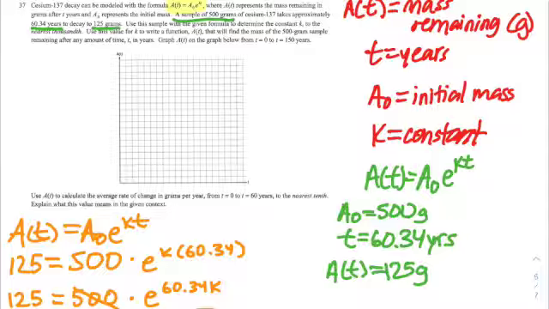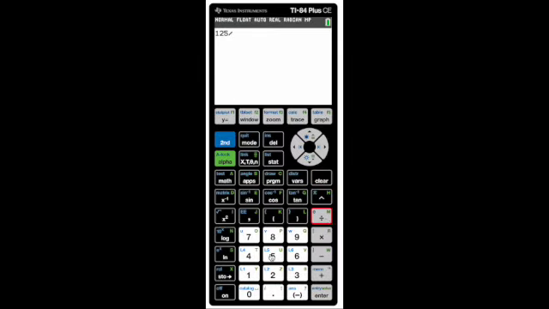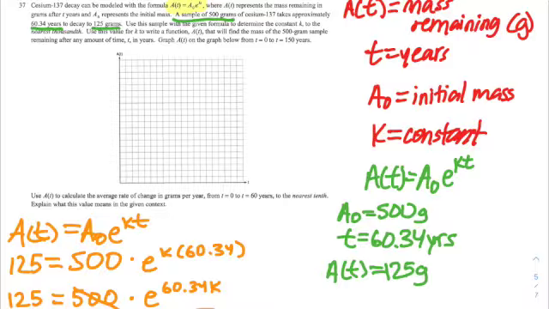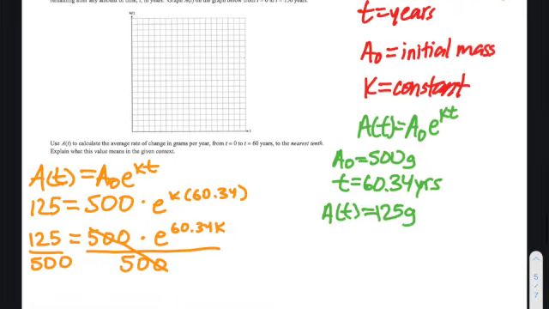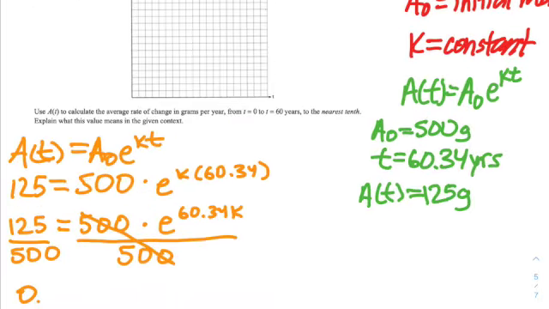So we did 125 divided by 500. Okay, and that gets us 0.25. So now we have 0.25 is equal to e to the power of 60.34k.